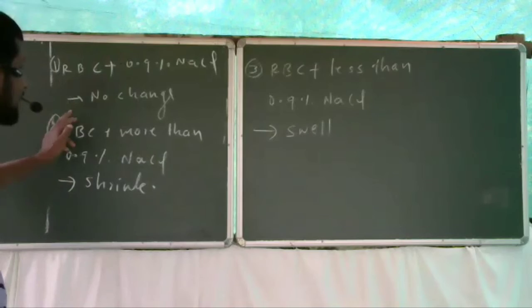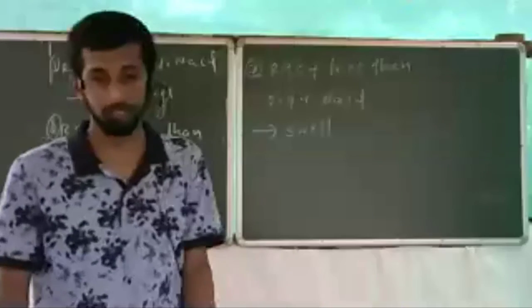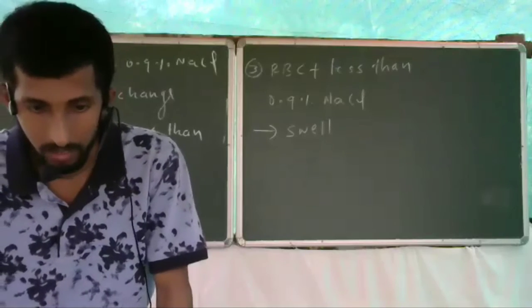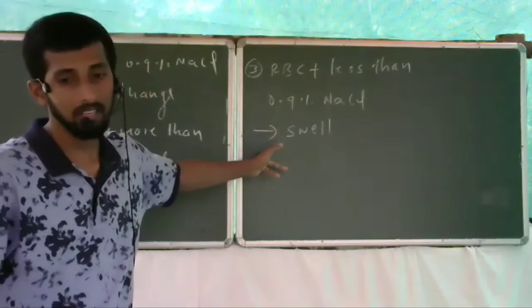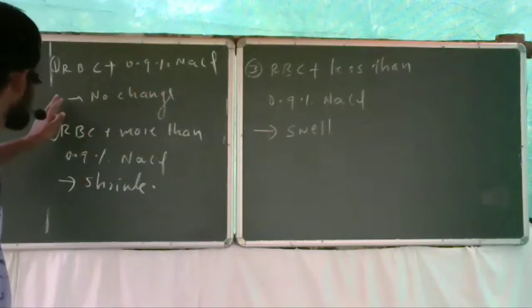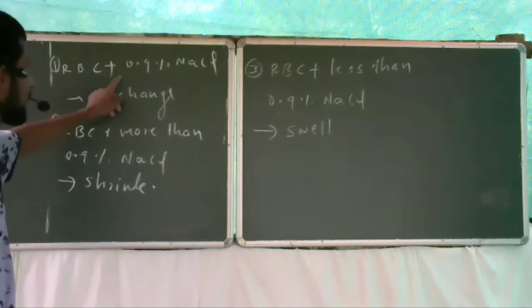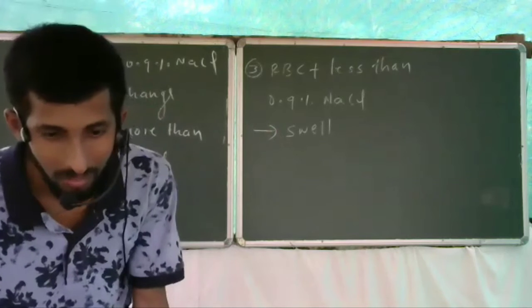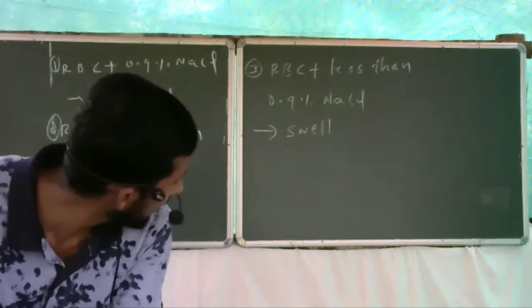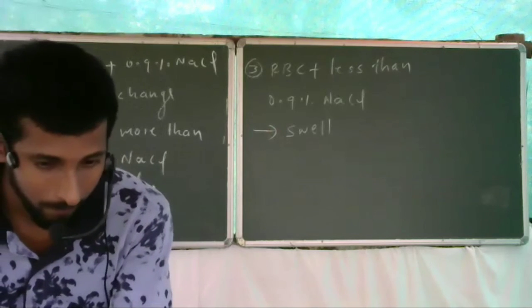Based on these three conditions, there will be one more question from the solution chapter. Most of the time they ask this question based on this concept. Sometimes they will mention when RBC is kept in 1% NaCl solution, what will happen, whether it will shrink or swell.